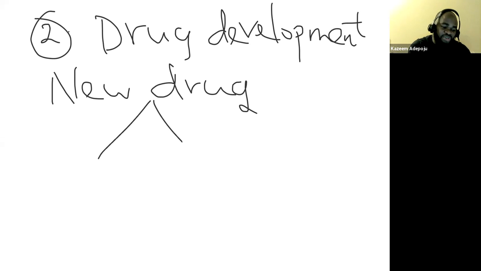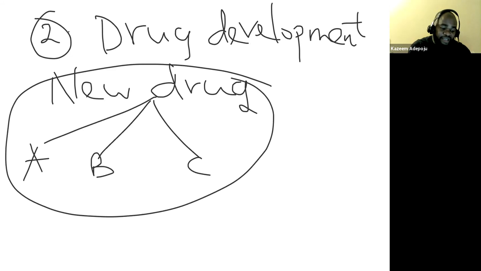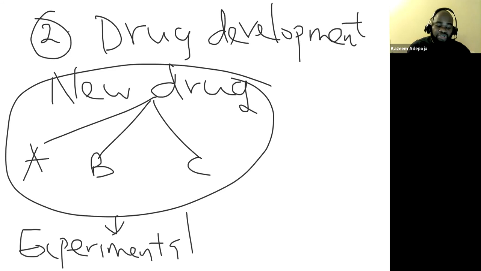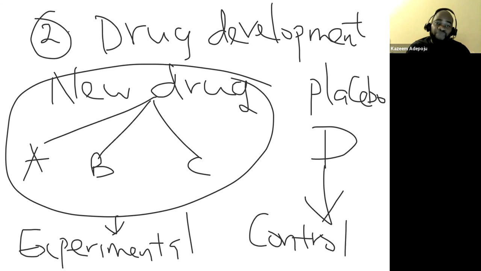Maybe, for instance, you have 3 levels of the new drug: A, B, C. This is the experimental group. And of course, maybe you have placebo, which is level D. This is the control group. So in general you've got 4 levels.